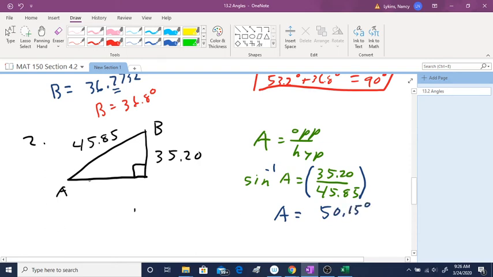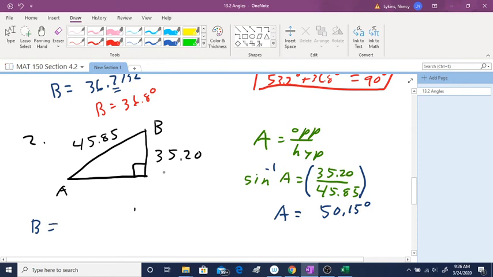And if I look at B's perspective, B now, if I'm looking at the 35.20, that is my adjacent over my hypotenuse, because that 45.85 is still hypotenuse. So this is going to be adjacent over hypotenuse. We're going to use cosine.